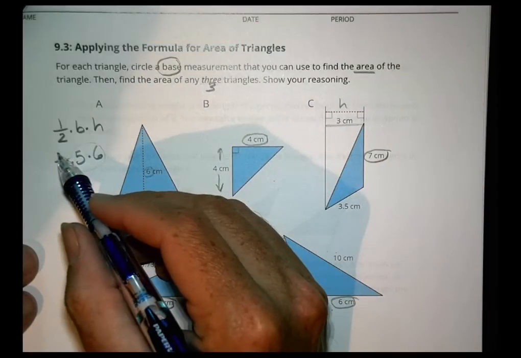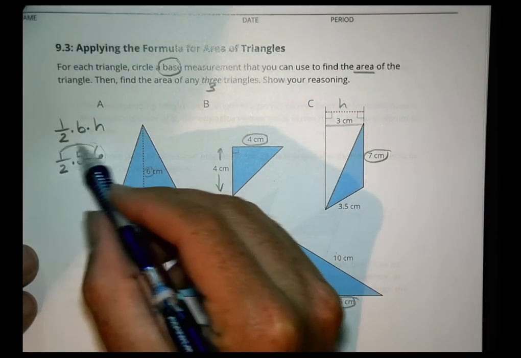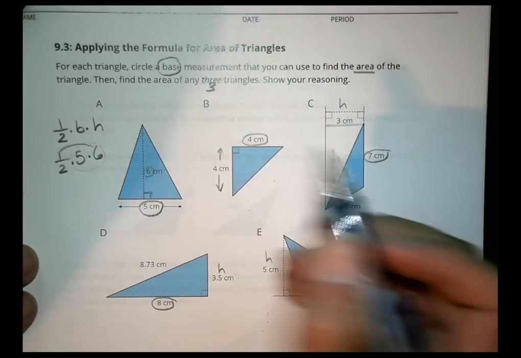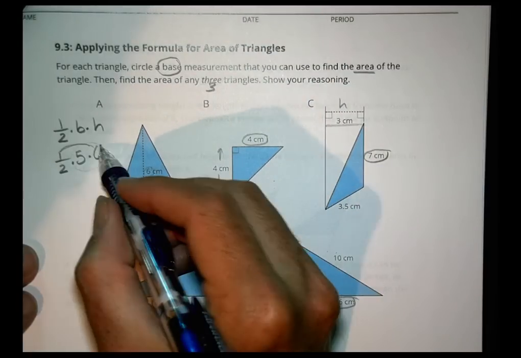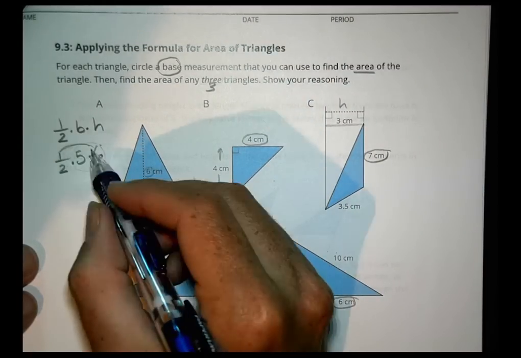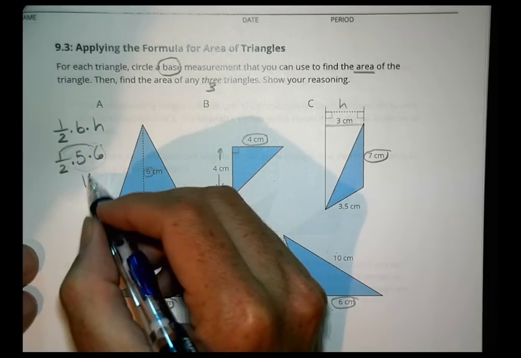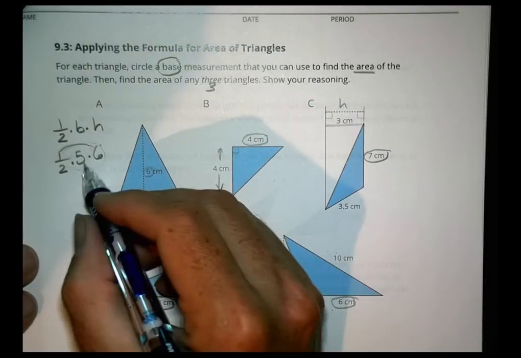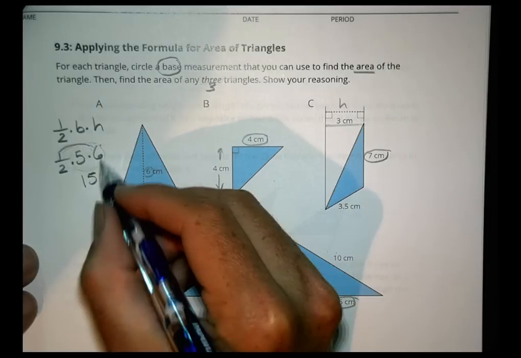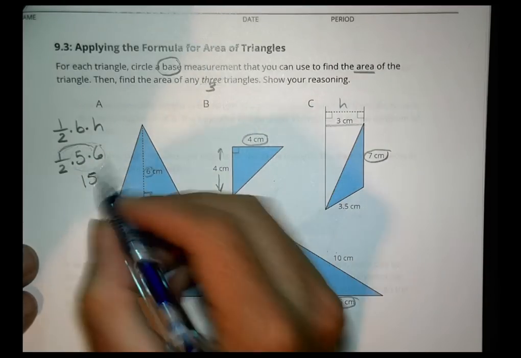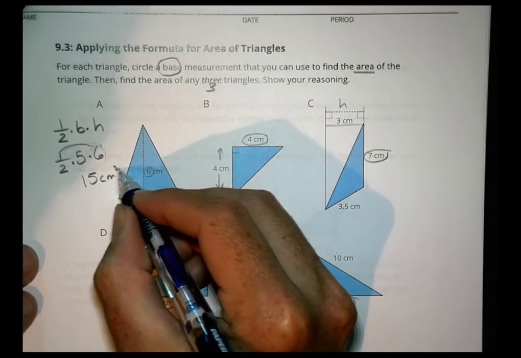Sometimes you might just want to cut an even number in half right away and multiply it a little quicker, right? So half of 6 is actually 3, and 3 times 5 is 15. If I wanted to, I could have done 5 times 6 is 30 and cut it in half to make 15. So I can say 15 centimeters squared for that one.